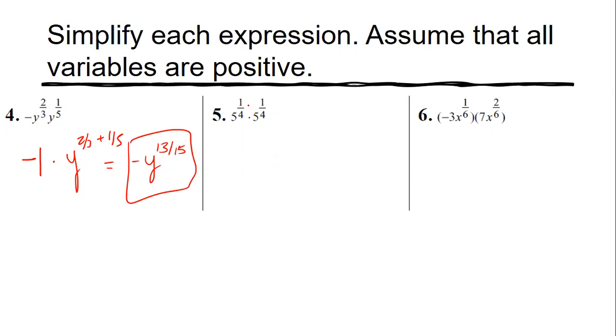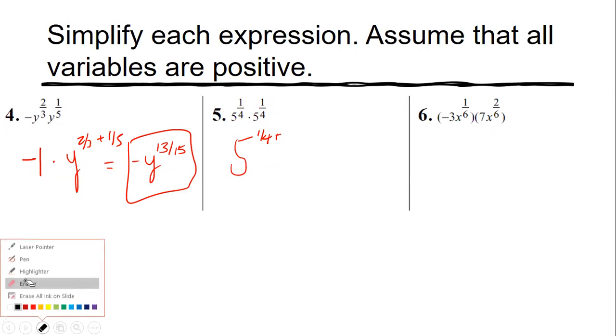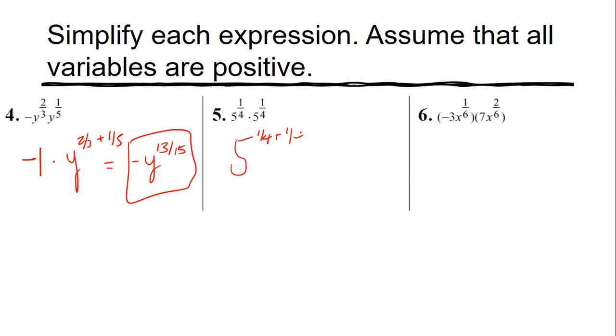Good. All right, here we have 5 to the 1/4 times 5 to the 1/4. So that means that we have 5 to the 1/4 plus 1/4. And that gives us 5 to the 2/4. And that simplifies down to 5 to the half.